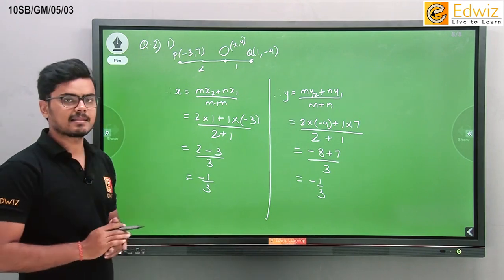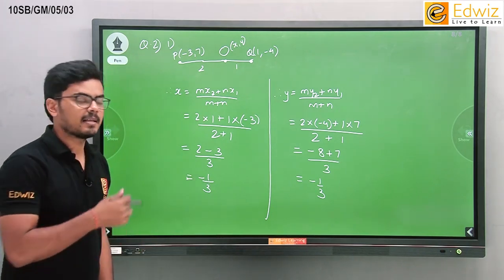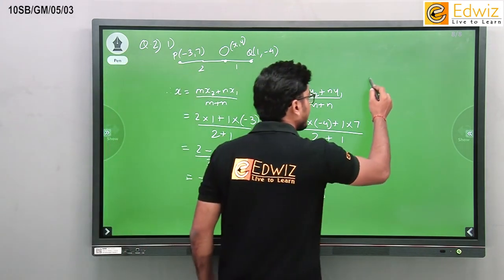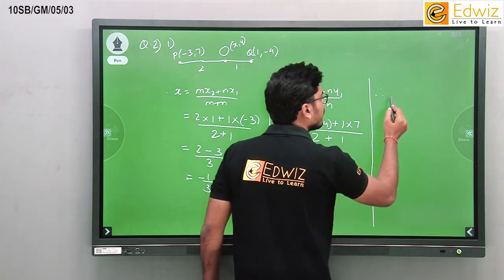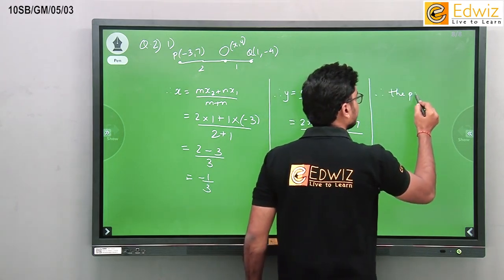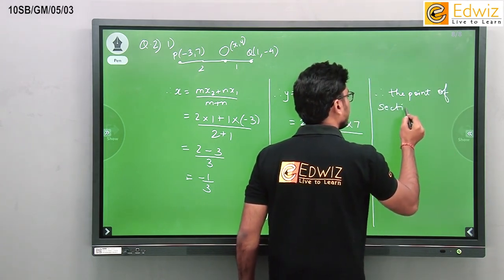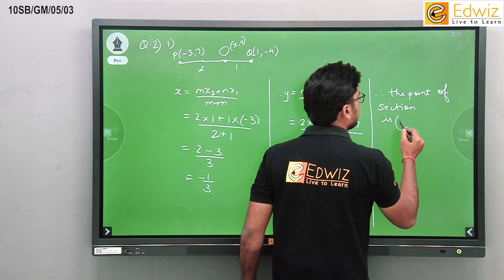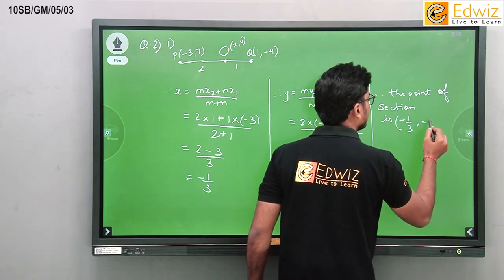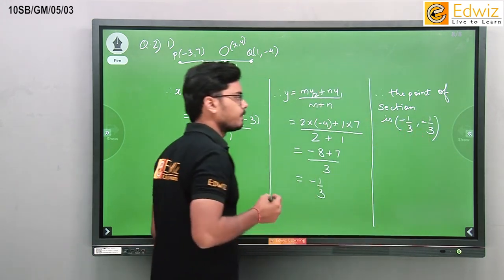So both the coordinates are same. X is also minus 1 by 3, y is also minus 1 by 3. Finally, the point of section is minus 1 by 3 comma minus 1 by 3. Okay, this is our answer.